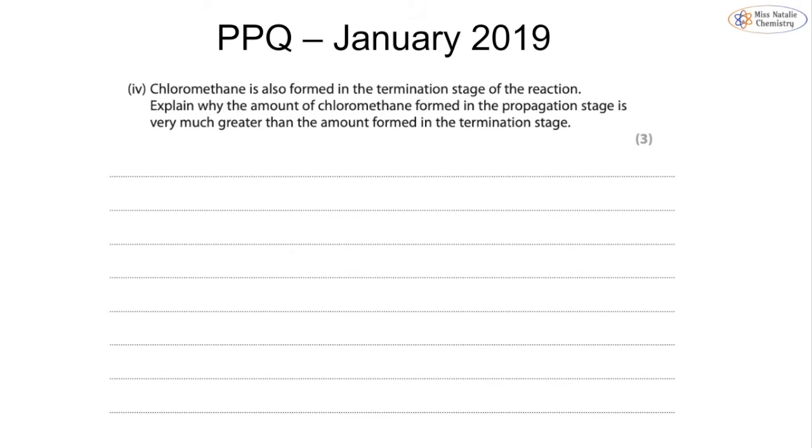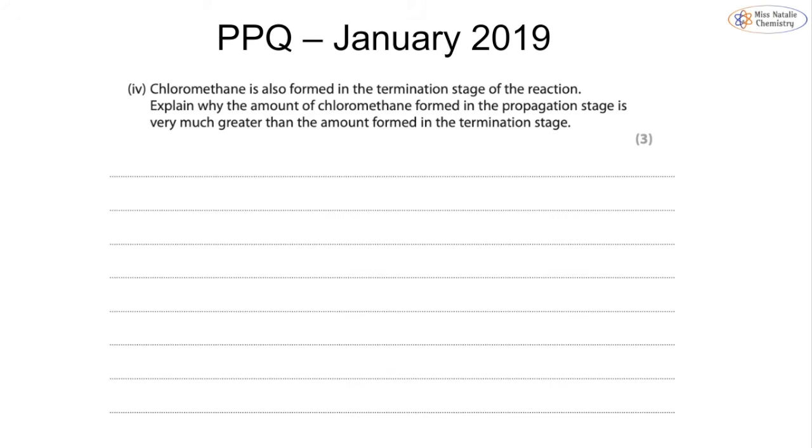And chloromethane is also found in the termination step of the reaction, and explain why the amount of chloromethane formed in the propagation is much greater than the amount formed in the termination step. So we have 3 different points here.